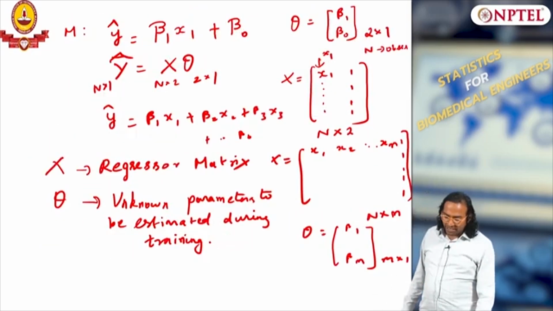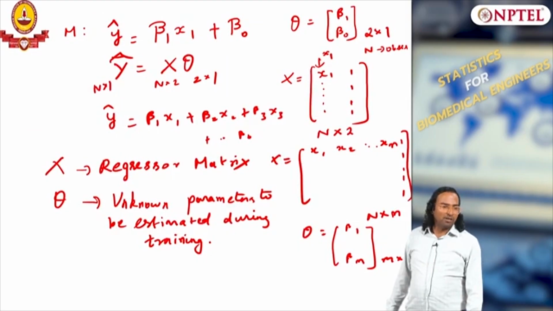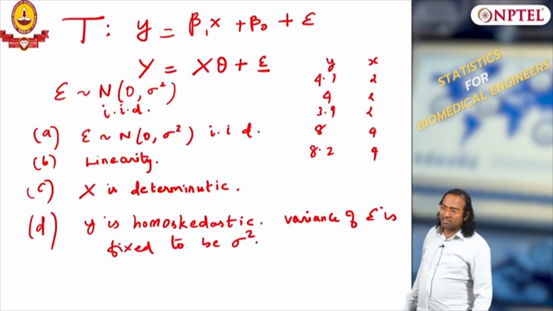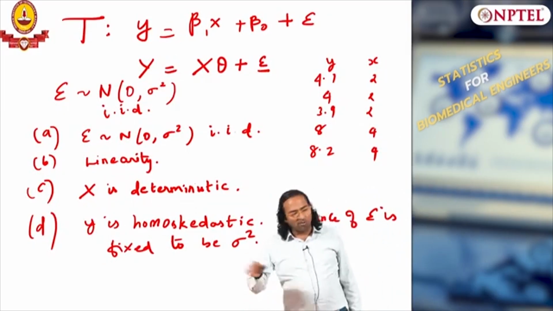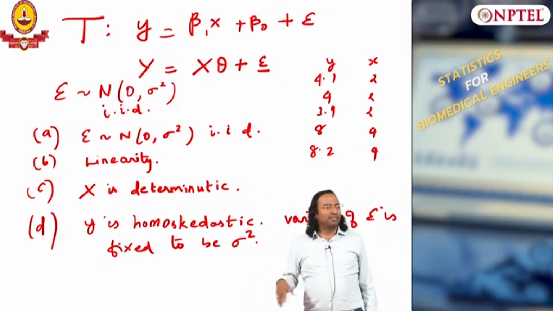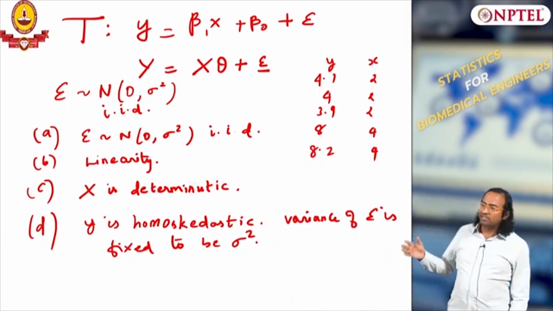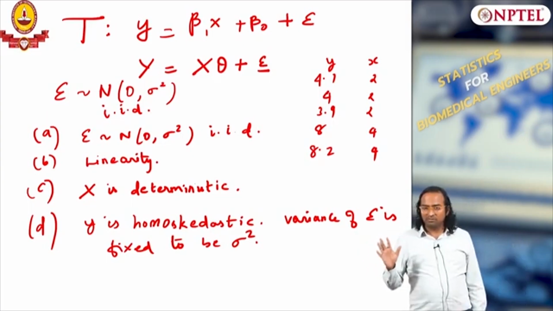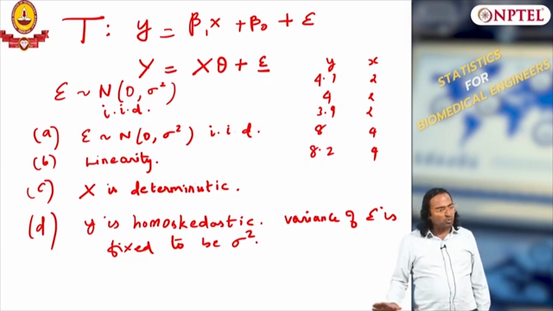The unknown is only theta, the parameters beta 1 and beta naught, because I have made the assumption that it is enough to fit a beta 1 and beta naught. There is no model for noise, x is deterministic, noise is homoscedastic, and noise is Gaussian, 0 comma sigma squared. These are the assumptions about truth.